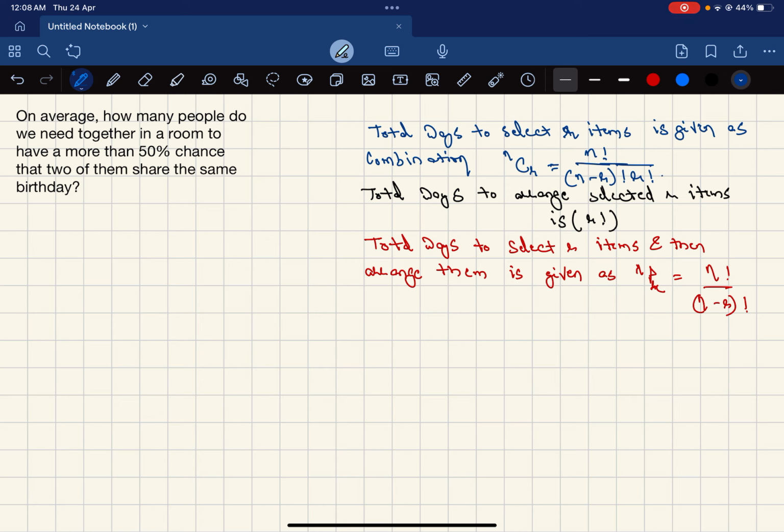So there is this extra r factorial which gets added to the nPr term to get the nCr term. It gets added in the denominator.